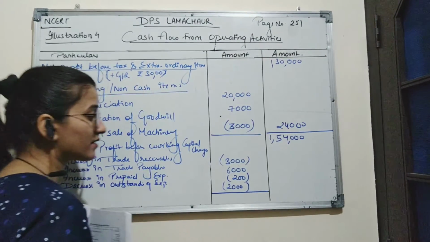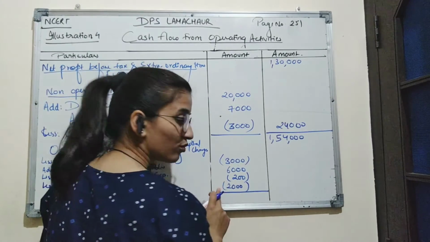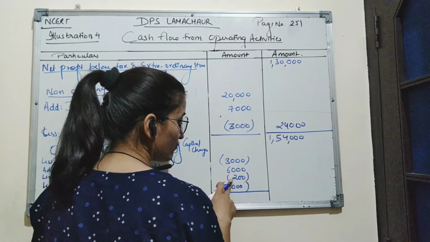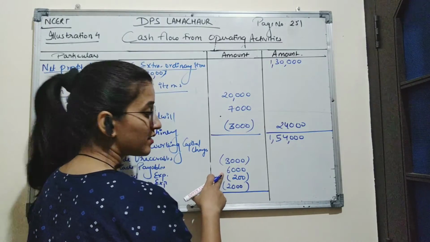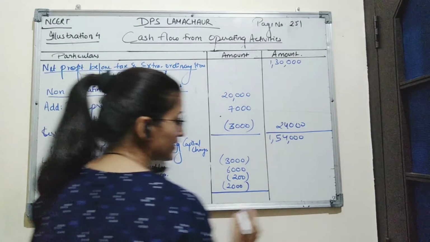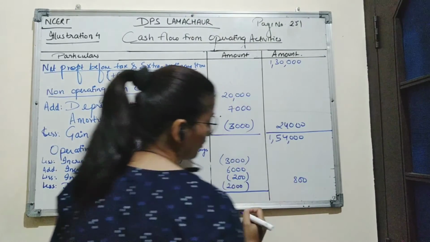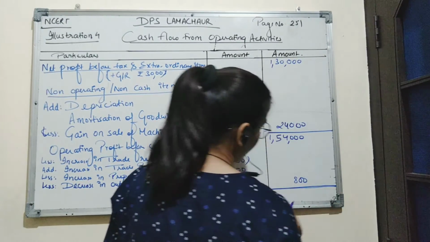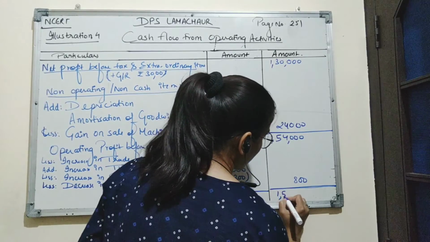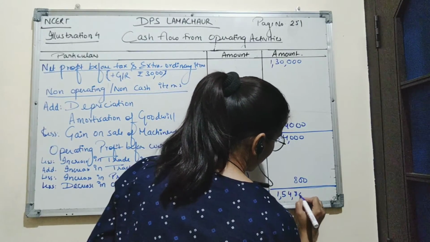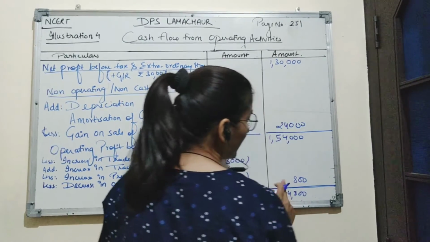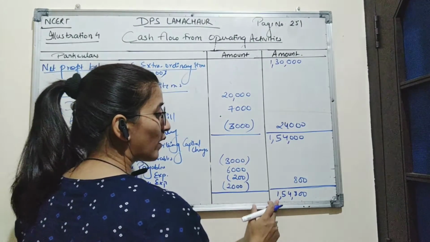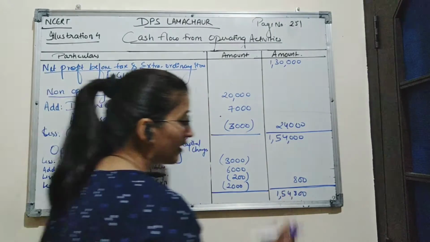So we'll calculate this amount. 3,000 plus 2,000 is 5,000. 5,000 plus 200 is 5,200. So 6,000 minus 5,200 is 800. We'll add this amount to the operating profit. So by adding 800 to 1,54,000, the amount we will get is 1,54,800.